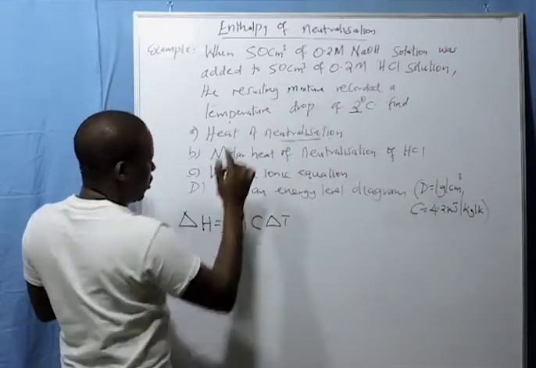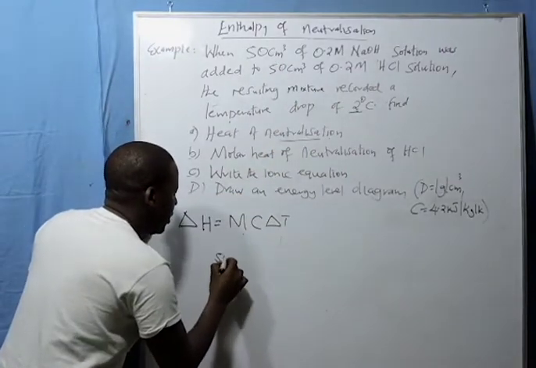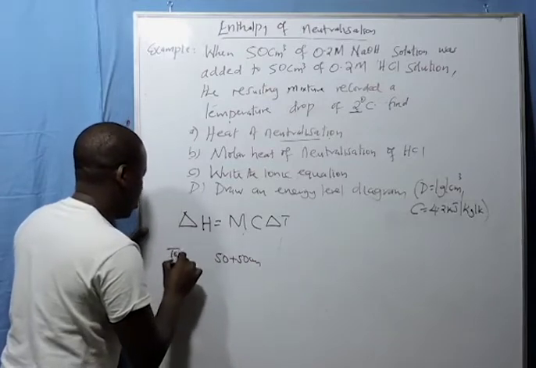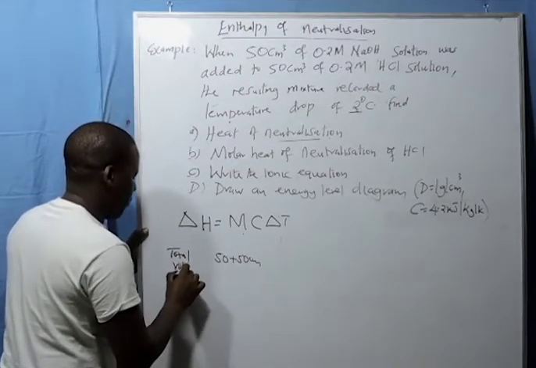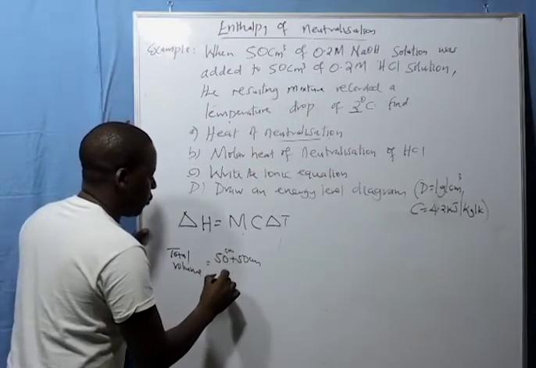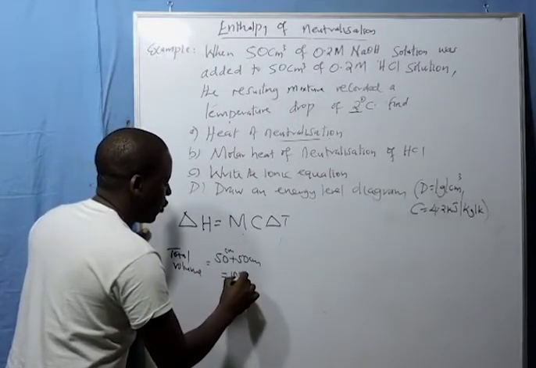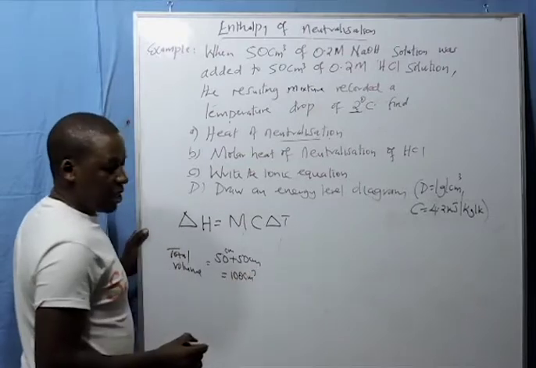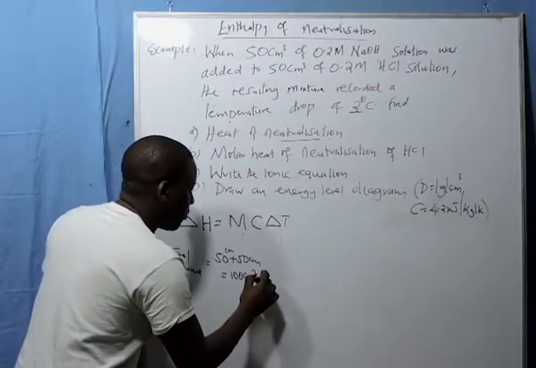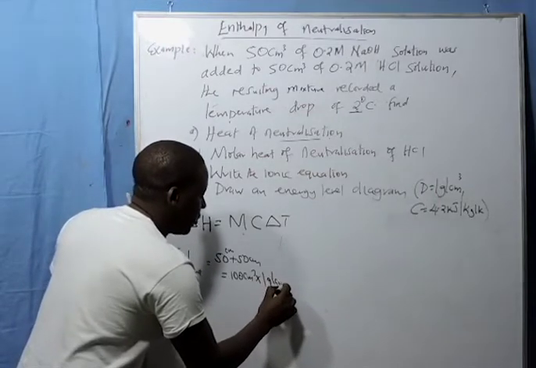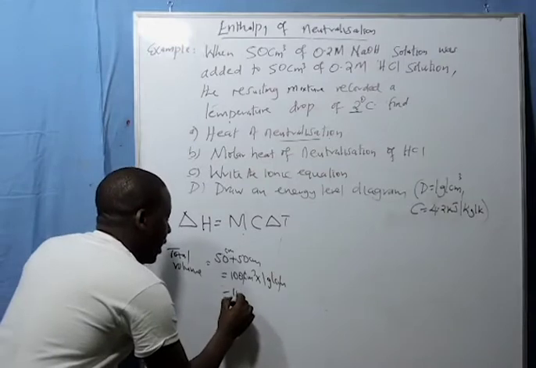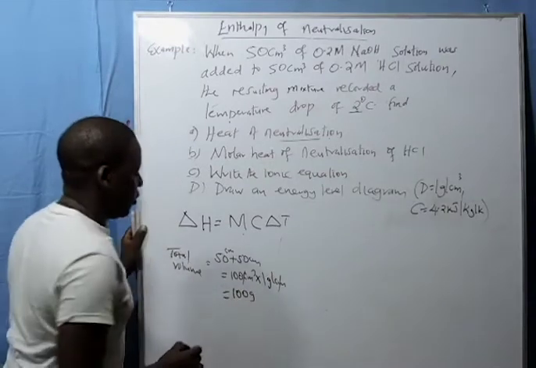The total volume of the mixture is 50 plus 50, which gives 100 cubic centimeters. The mass is given by volume times density, 1 gram per cubic centimeter. That gives you 100 grams, that is your mass.